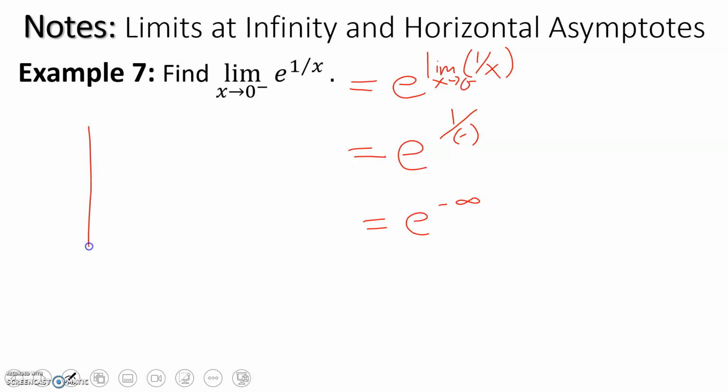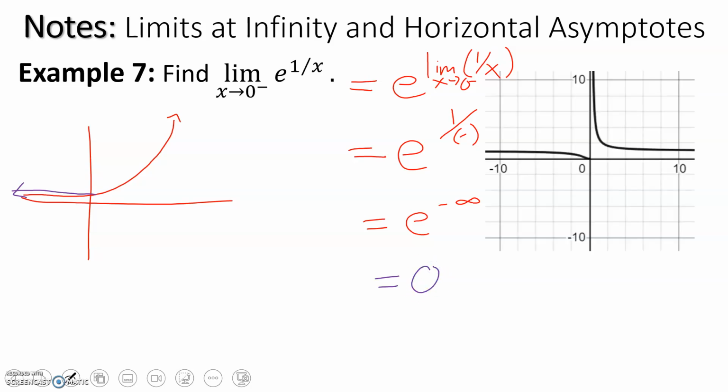So now we need to think graphically about this e to the x. Now note, e to the x looks like this, and if we approach negative infinity, this goes towards 0. Okay, so that means this is 0.